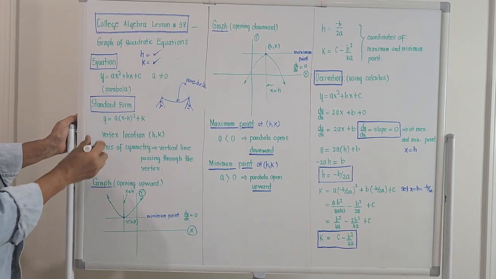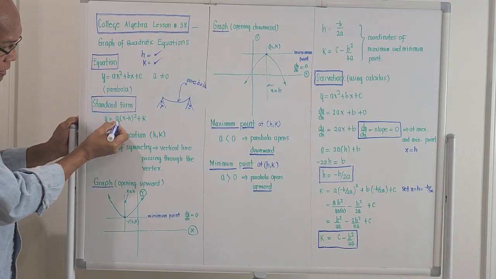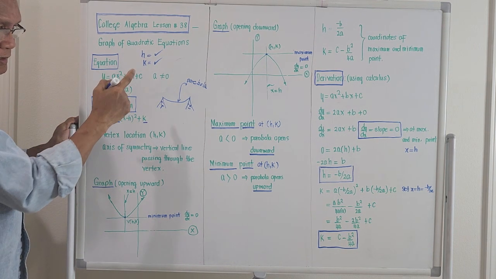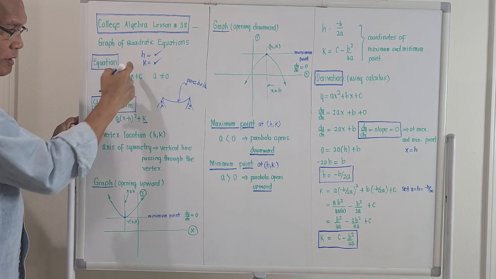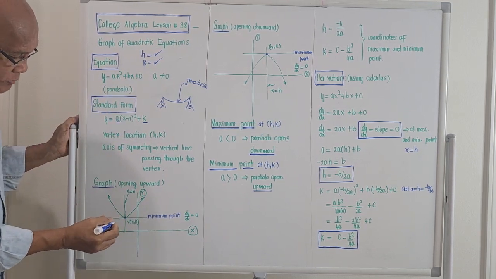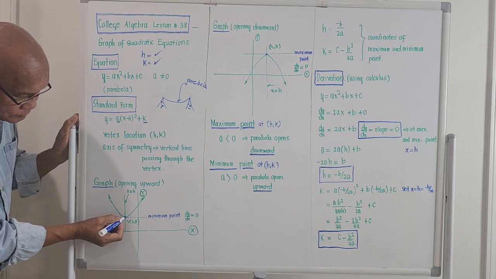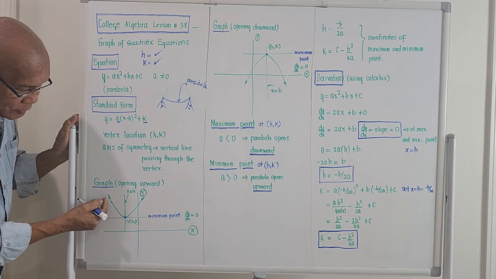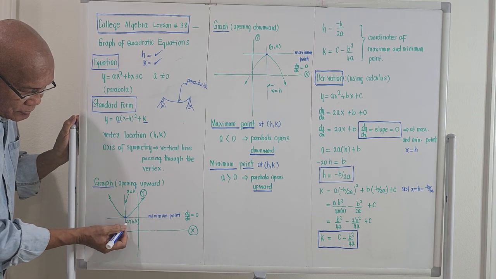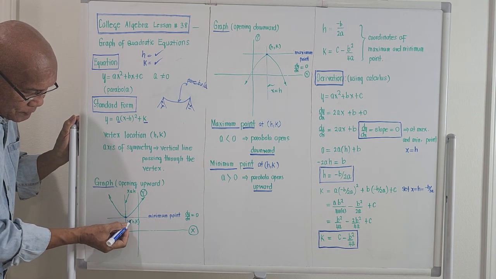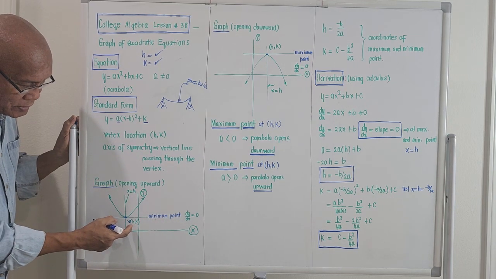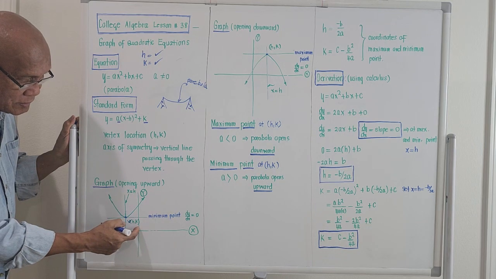There is an additional a over here and an additional k over here. What is the meaning of h and k? H and k refer to the coordinates of the vertex. The lowest point of the first graph is termed the vertex. The coordinates at that point are given by h and k.